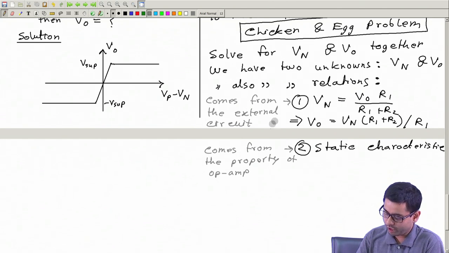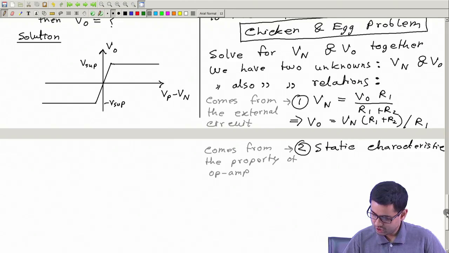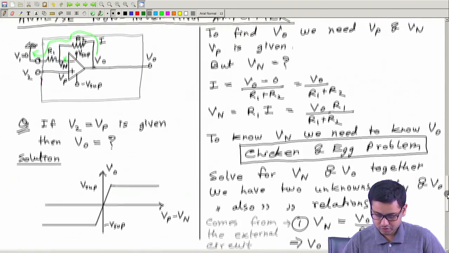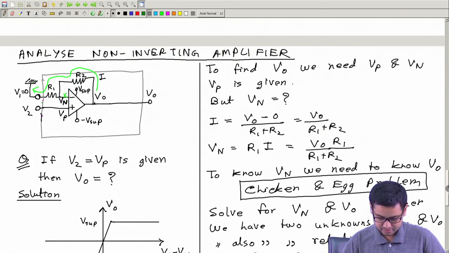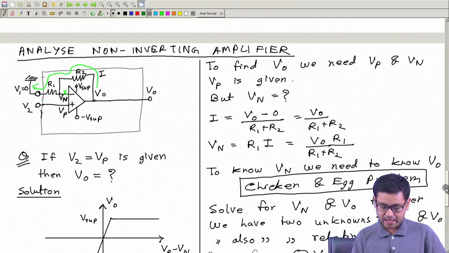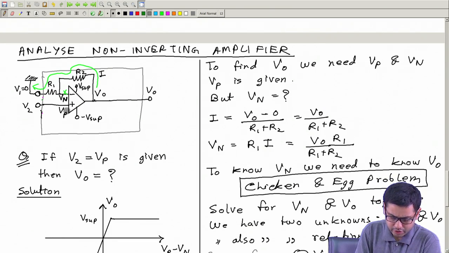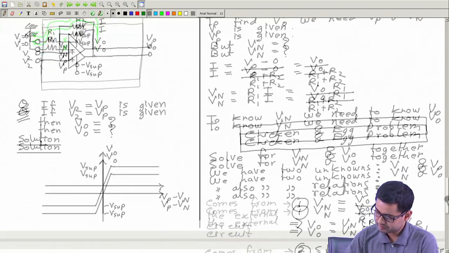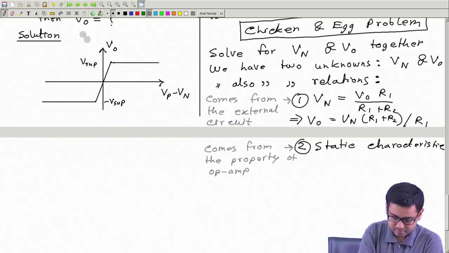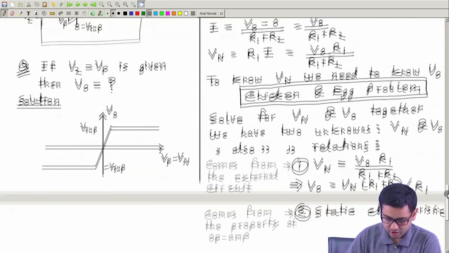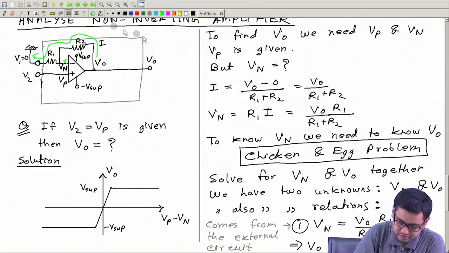So we have two relationships, one from the op amp, one from the external part, and we have to now use them together to find Vn and Vo simultaneously. How? Okay, so here you see that Vp is given. Let me just copy this, one second.